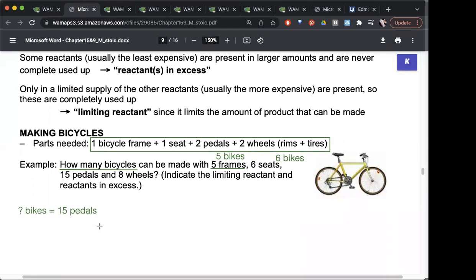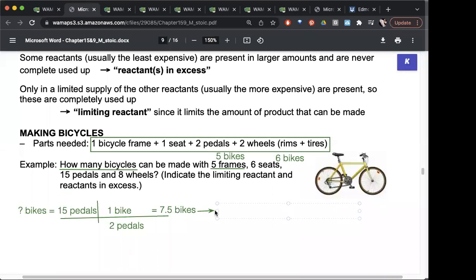And we know from the picture, or maybe from your experience riding bicycles, that one bike has 2 pedals. So theoretically, we could make 7.5 bikes, right? But we're never going to make a half a bike. In this case, we're going to have to round that down.